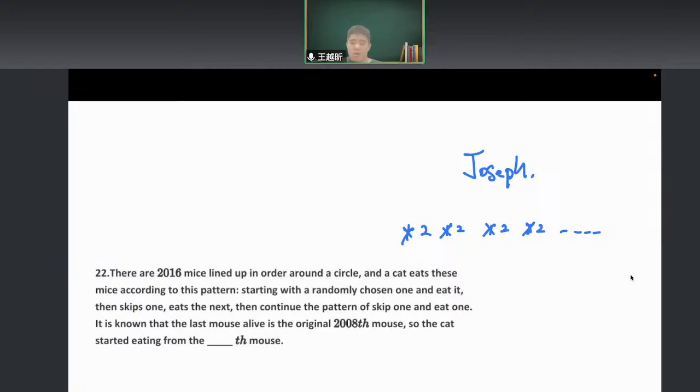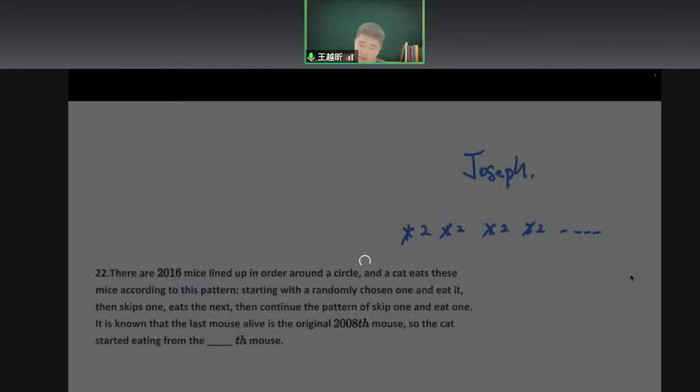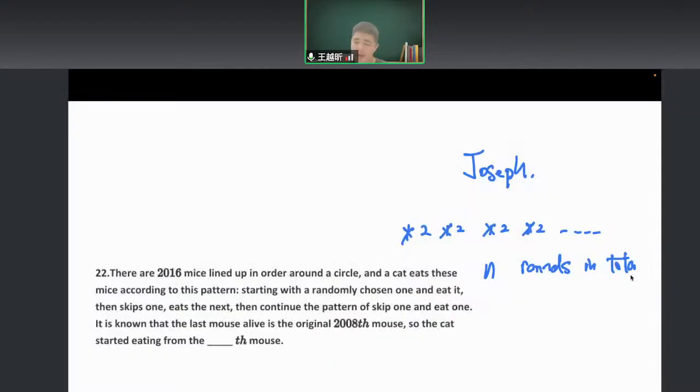So who will be the last one remaining? If we have n mice in total, then the last one remaining in the circle would be the number 2 to the power of n. So this is the key in this question.